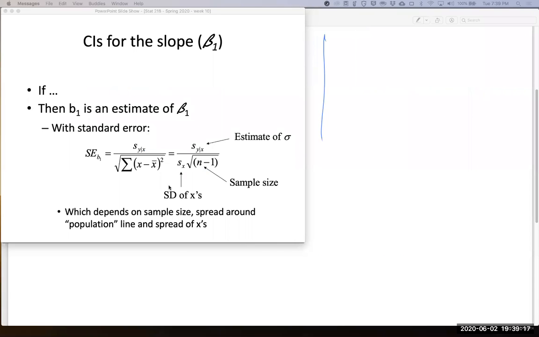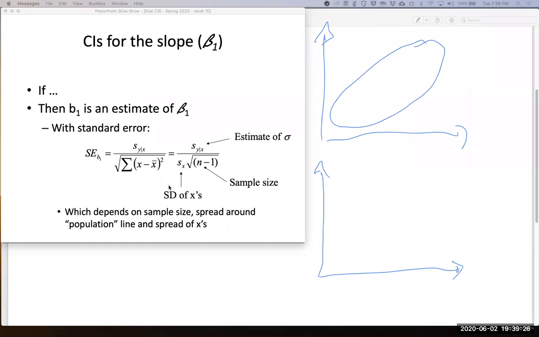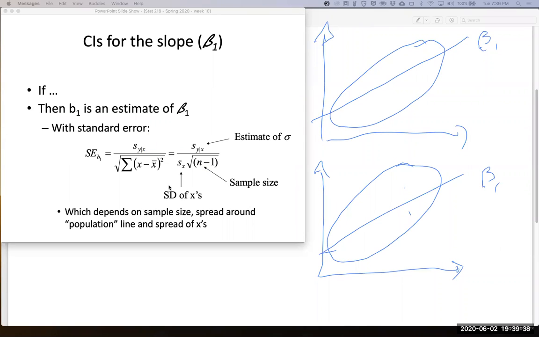If there are 2 possibilities for sampling from the same population distribution, you're maybe thinking heights, x, and weights, y. If there is a beta 1 as a slope, and there's some scatter around the trend line, and that's a lot of data here, or a little bit of data.